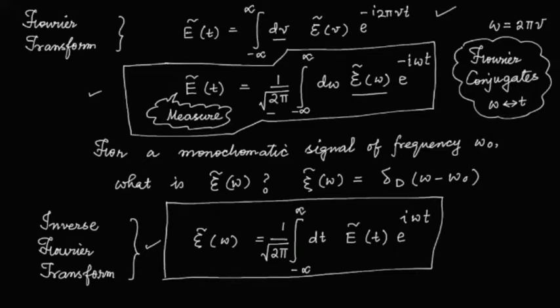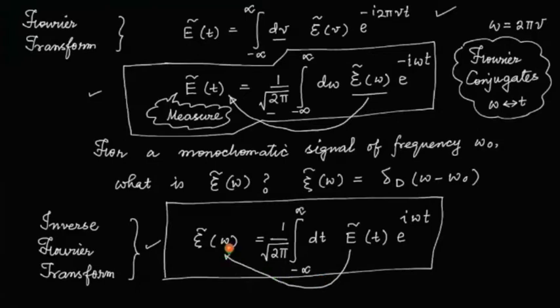Say I do a Fourier transform. The first relation is transforming epsilon tilde to E. So the first time I do a Fourier transform, I convert epsilon tilde to E tilde, and then I do an inverse Fourier transform. So I convert that back to epsilon tilde.